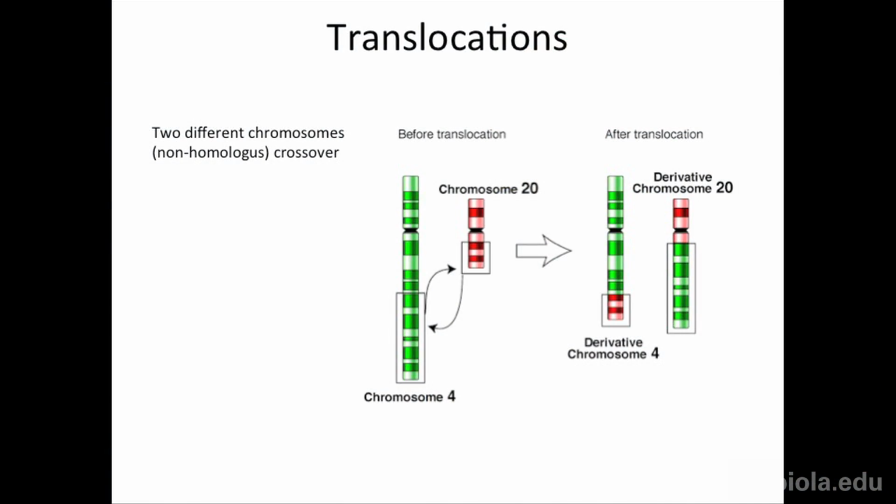You're probably not going to, in this case, if you've got a huge part of chromosome 4 and a huge part of chromosome 20, the resulting offspring are going to be lacking certain alleles, right? If you think about an organism that inherits this chromosome, it's missing a huge part of chromosome 4, right?